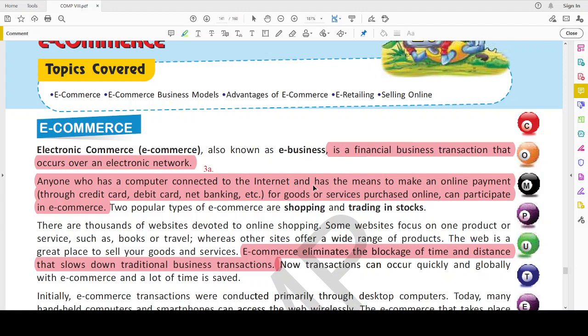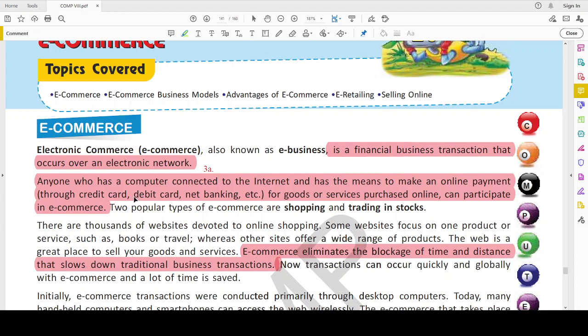And what else? The person should have the means to make an online payment, maybe through debit card, credit card, or net banking. So he should have those facilities given by the bank on behalf of his account.